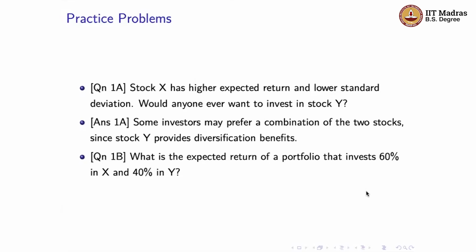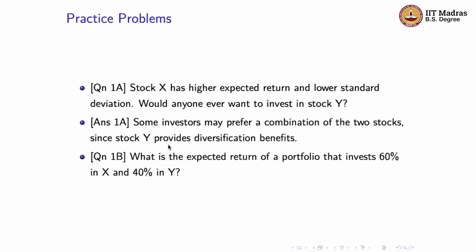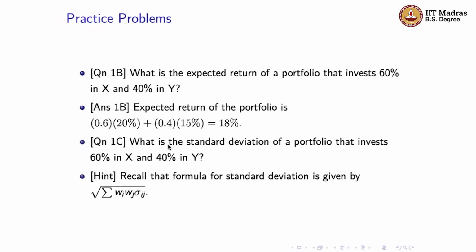So let's look at the first question. What's the expected return of a portfolio that invests 60% in X and 40% in Y? Notice that we have all the information here. We know that the expected return of a portfolio is a weighted average of the expected returns of the individual assets, and the weights are given by the weights of the different assets in the portfolio, right?